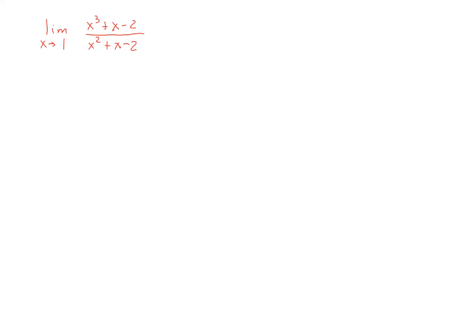And here, for example, one would simply use synthetic division in order to come up with a much more favorable case. So if I use synthetic division for the top, let's say, then I will have 1, 0, 1, negative 2. I put 1 here, and this will give me 1, 1, 2, and 0.